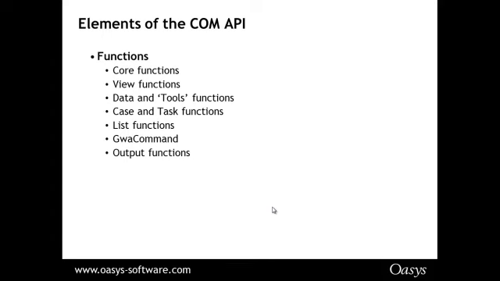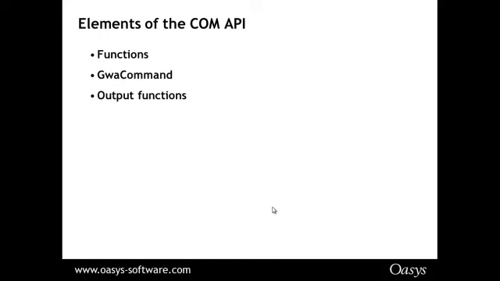The GW command and output functions form the bulk of the API. The GW command is actually just a single function, but through it we enable working with almost any part of the GSA model: nodes, elements, properties, loading.